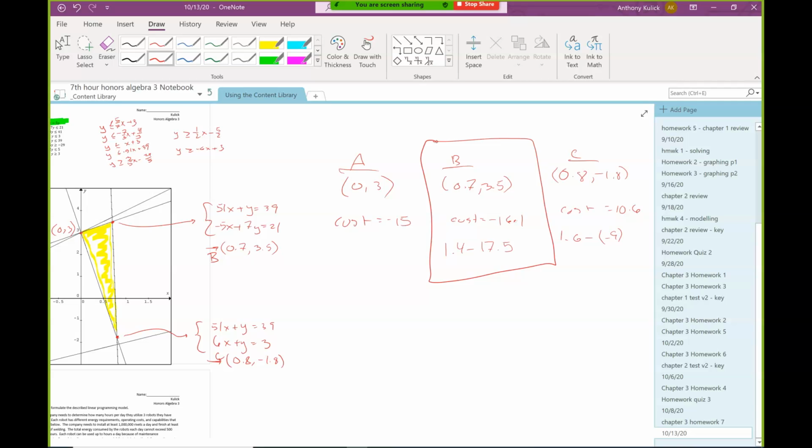Again, if I gave you something that was that odd, I would have given you the picture with the region shaded and identified what equations made up each of these lines involved, and then you would have just had to solve the systems and find the cost associated with each of the points. I wouldn't make you graph whatever 7 lines and try to find the shaded region.